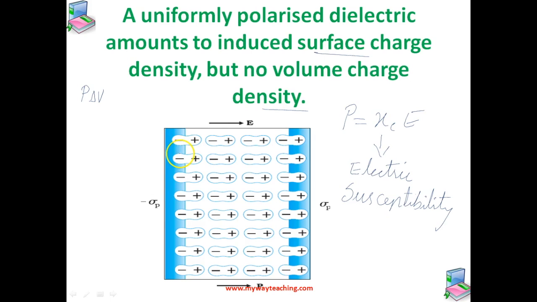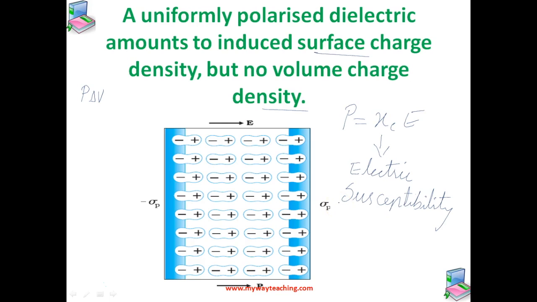The unbalanced charges are the induced charges due to external field. So thus, the polarized dielectric is equivalent to two charged surfaces with induced surface charge densities, that is, minus and plus sigma p.